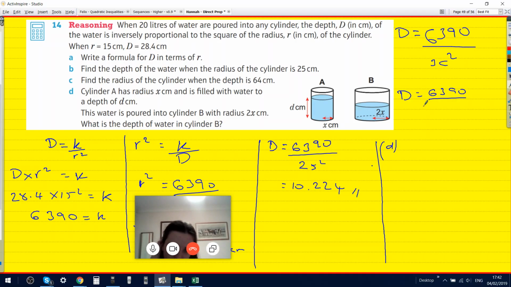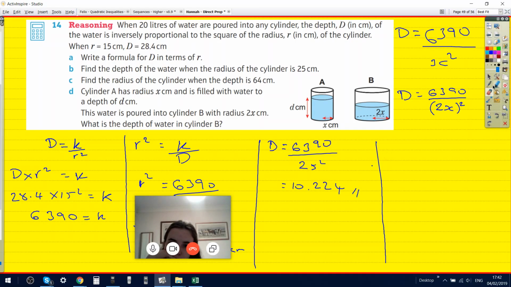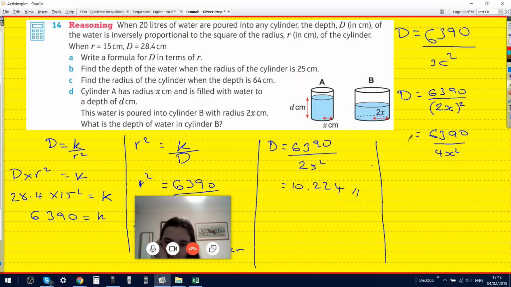How do you get what x is? So you know how it's 2x squared? So what would that simplify to? 4x. Yes. So that's 4x squared.